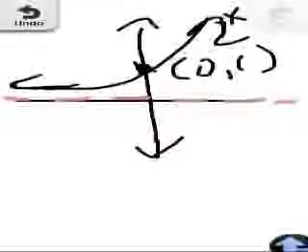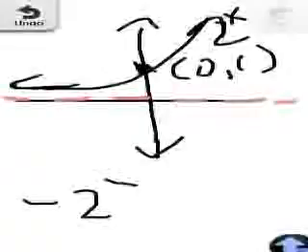Okay. In this video, I'm going to talk about reflected graphs. So this is the normal 2 to the x exponential function. If you see negative 2 to the x, that means the whole function is negative. It's reflected through the x-axis. So the x-axis, remember, is right there. So everything is a mirror image.